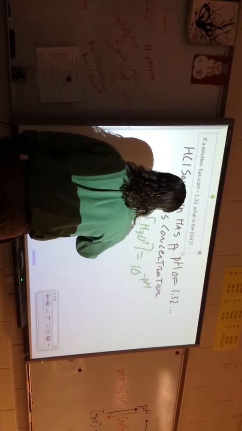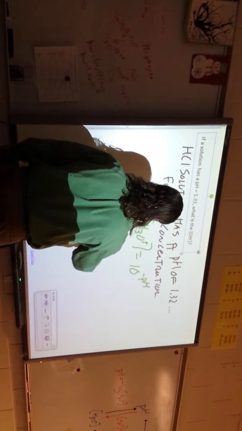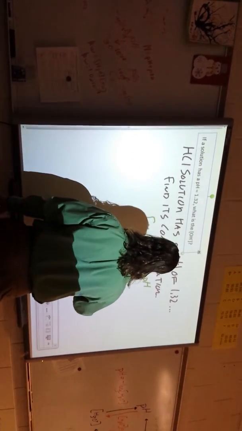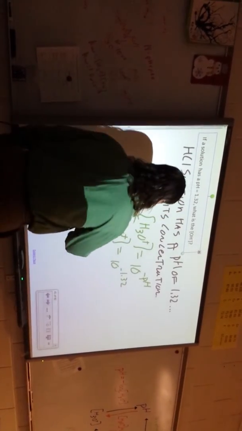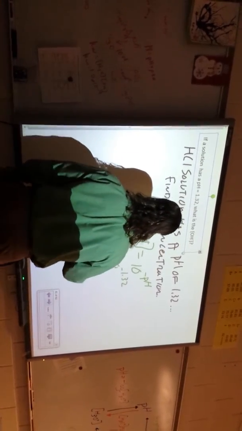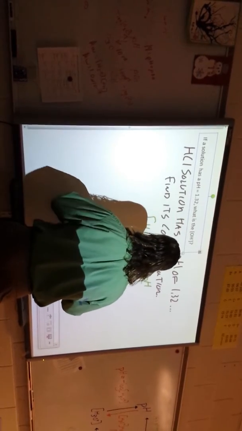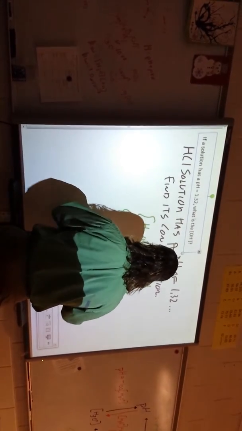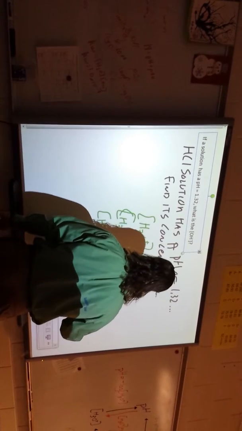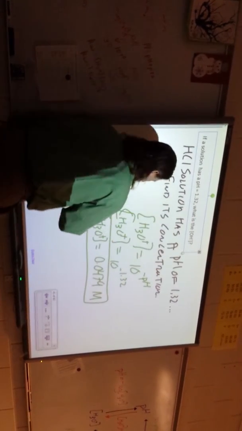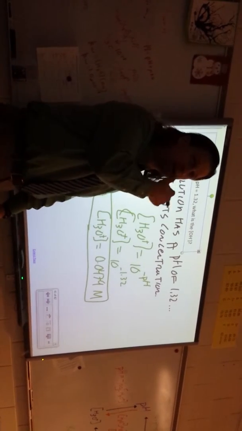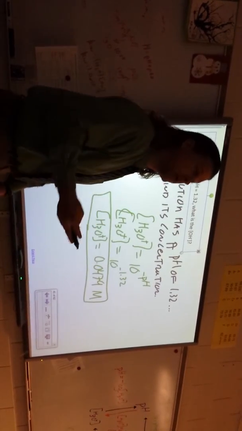So I'm going to take 10 raised to the negative 1.32, and then H3O+ is equal to 0.0479 molar, and that's the answer. You could have gone further and calculated the OH minus. That wouldn't have been wrong.